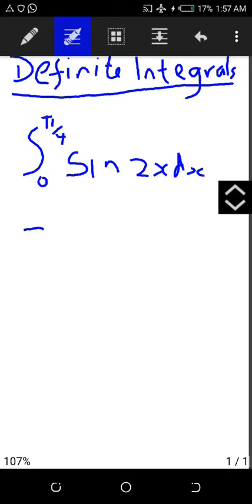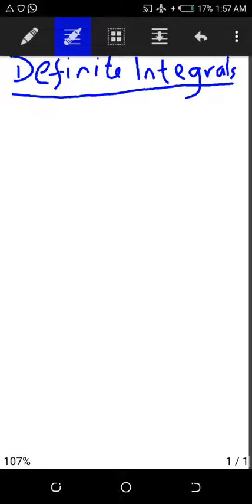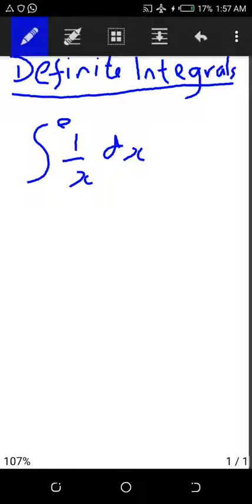Let's say we want to evaluate the integral of 1 over x with respect to x, having the boundary conditions of e as the upper boundary and 1 as the lower boundary.